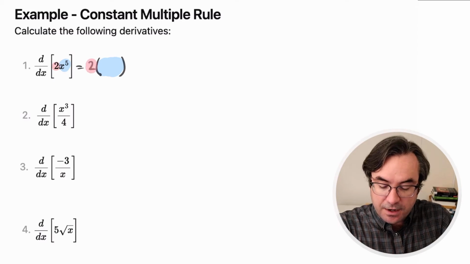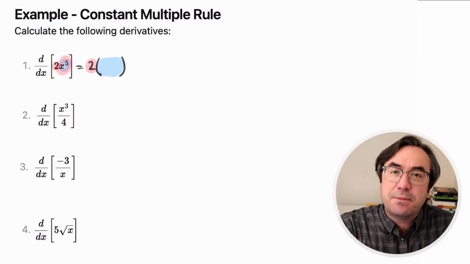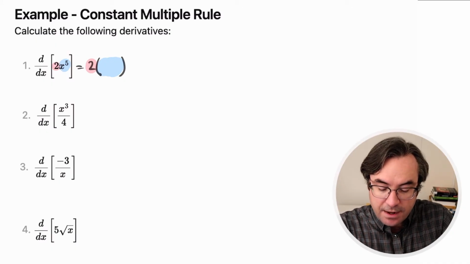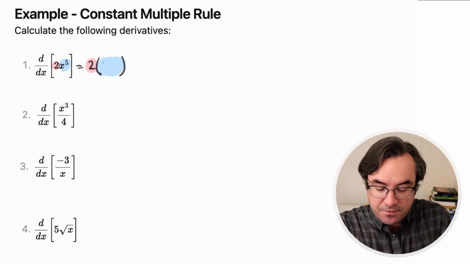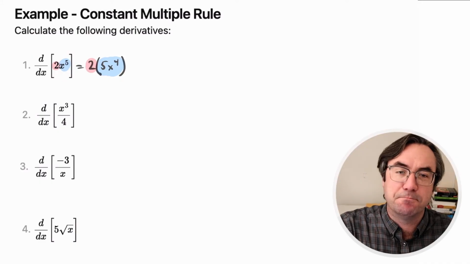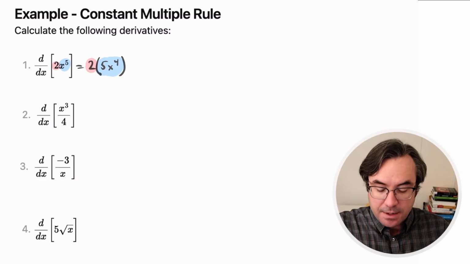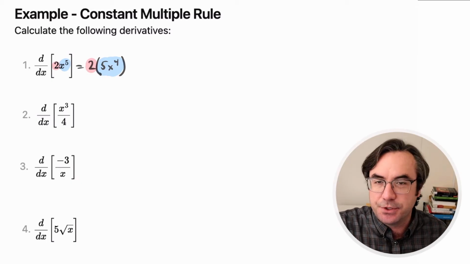All right, so we've got our constant multiple still in front there. And we're just going to differentiate the power function part. So when we do that, we bring down the 5, keep x the same, and subtract 1. And that's it. That's our derivative. Now, we could simplify this, and once you get the hang of this, that's probably what you would do.